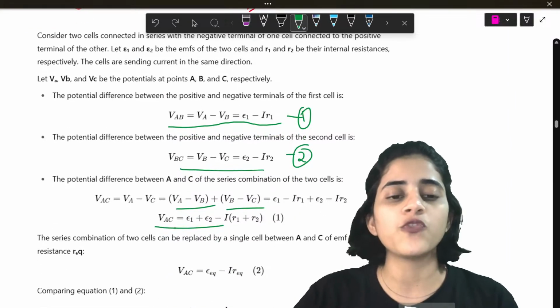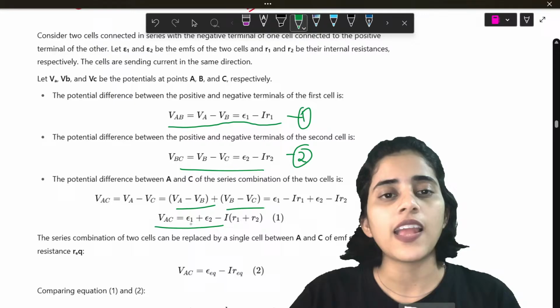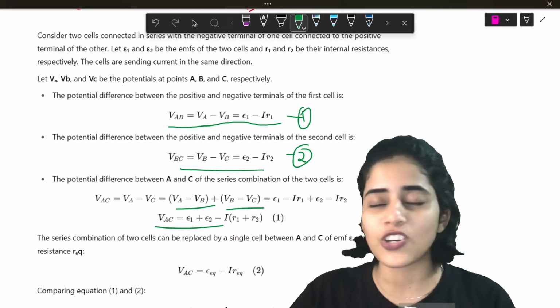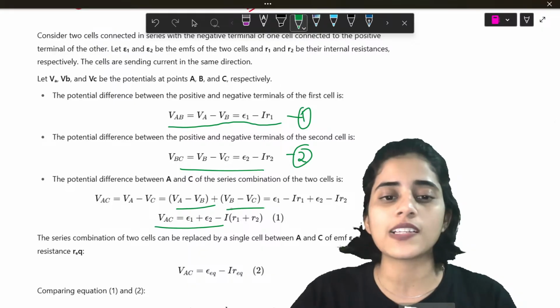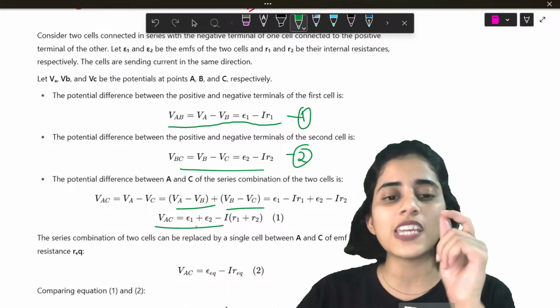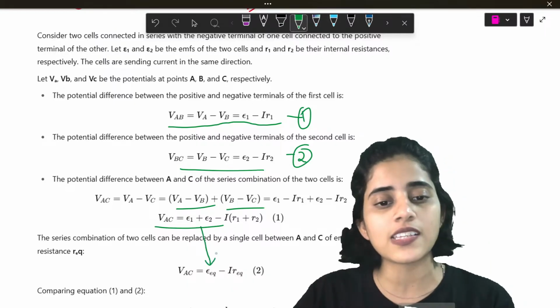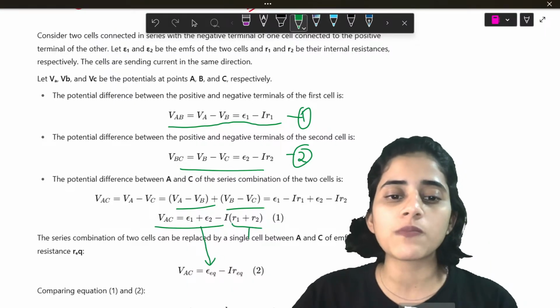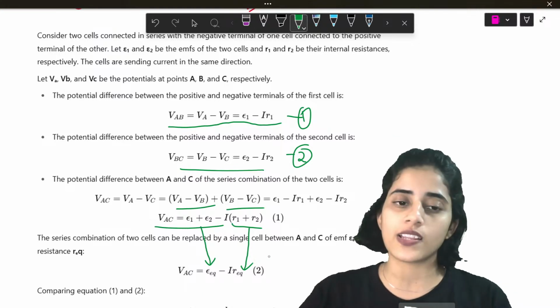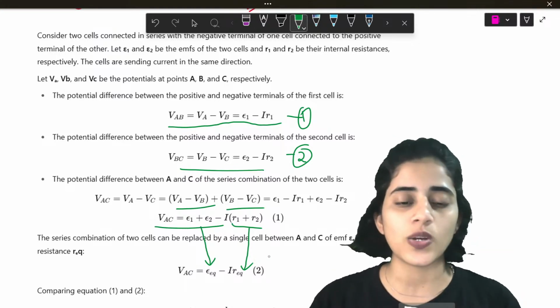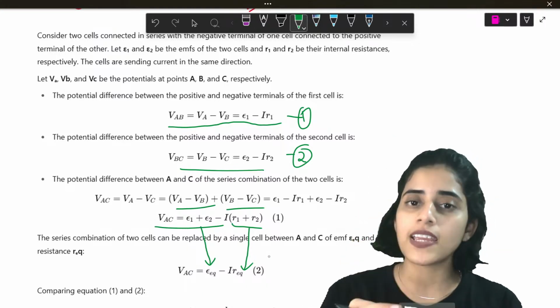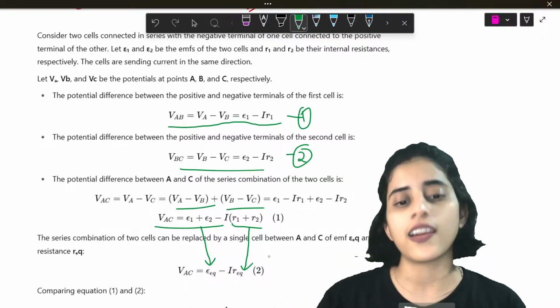I will get VAC is equal to E1 plus E2 minus I into R1 plus R2. So this E1 plus E2, I will just write as E equivalent and R1 plus R2, I will write as R equivalent. So VAC is equal to E equivalent minus I into R equivalent.